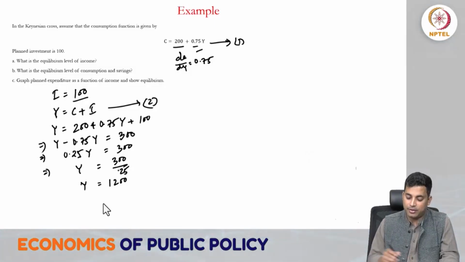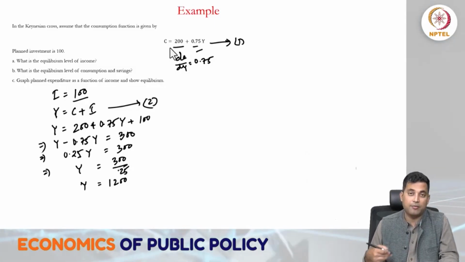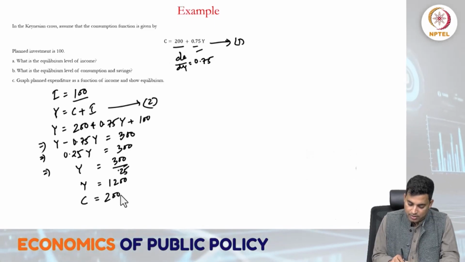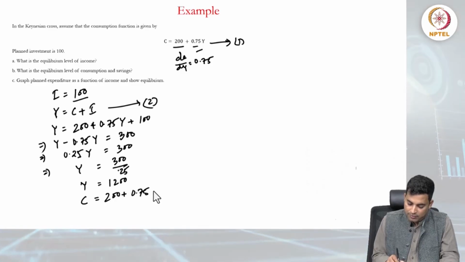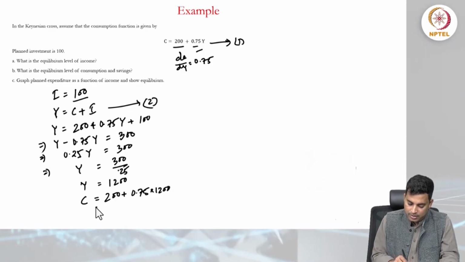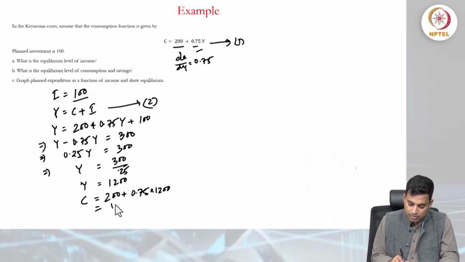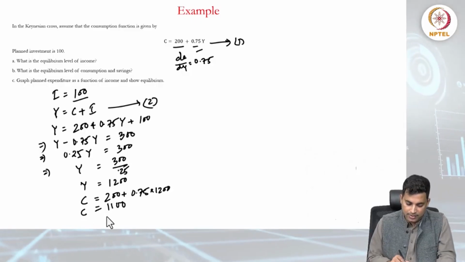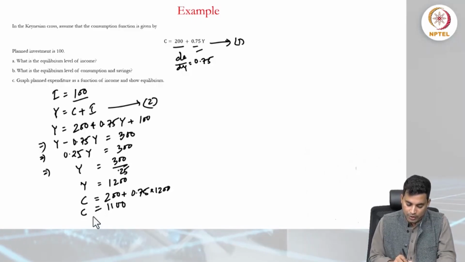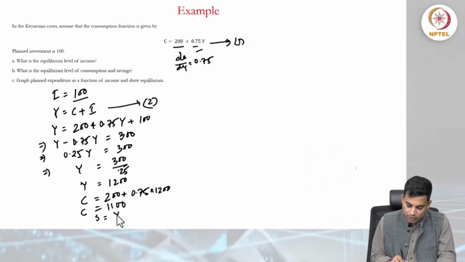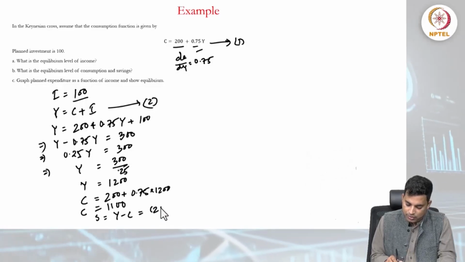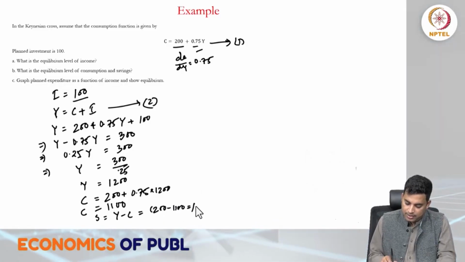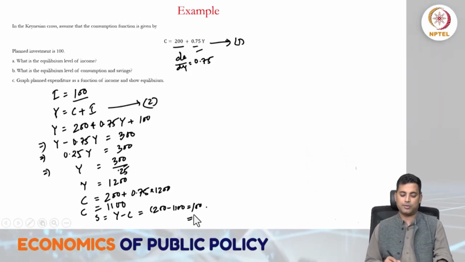If we plug the value of Y into the consumption function, then C equals 200 plus 0.75 times 1200, so C equals 1100. Savings we already know is Y minus C, here 1200 minus 1100, which is 100.